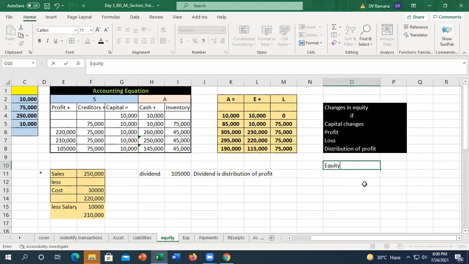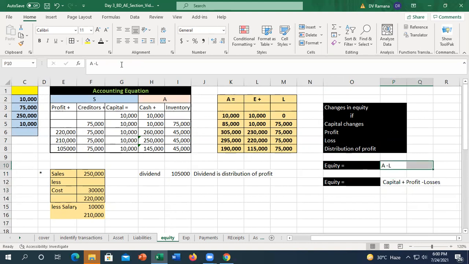Can I write like this? Equity is equal to A minus L. Equity is also equal to capital plus profit minus losses, if any. So equity can be determined on the basis of A minus L, or can also be determined as capital plus profit minus losses.